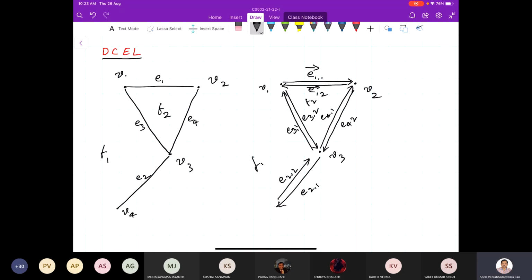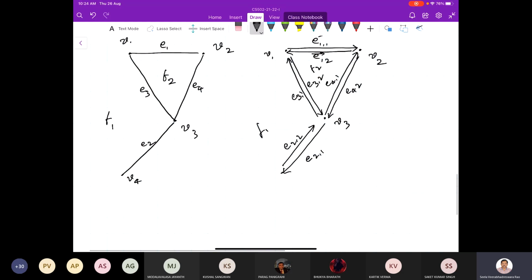In this doubly connected edge list, we have three different types of records. There will be one record for each vertex, one record for each half edge, and one record for each face.